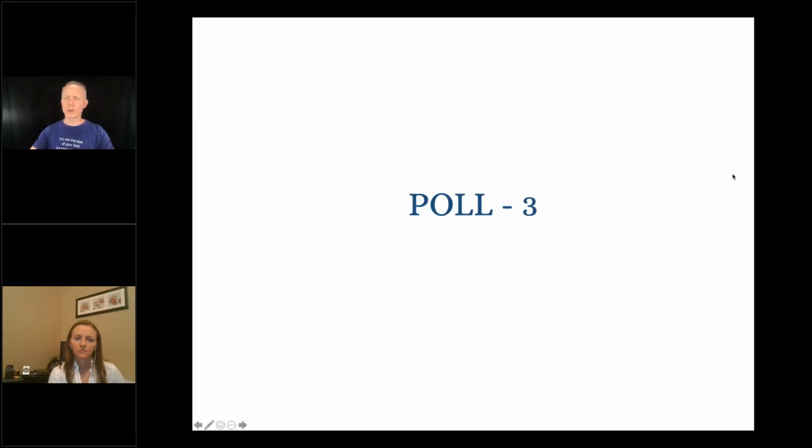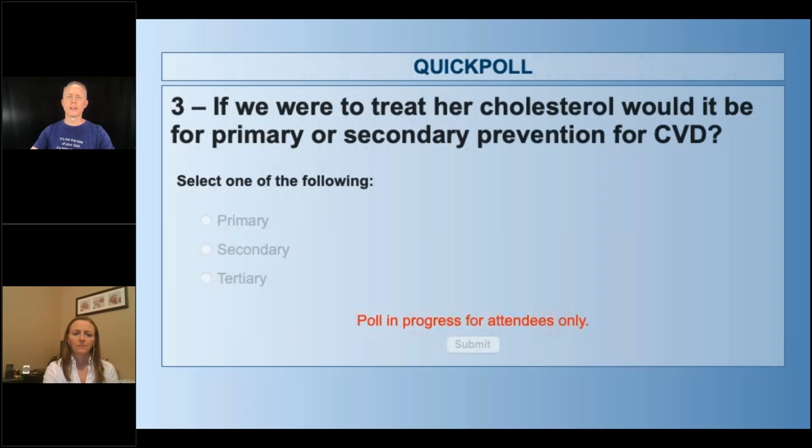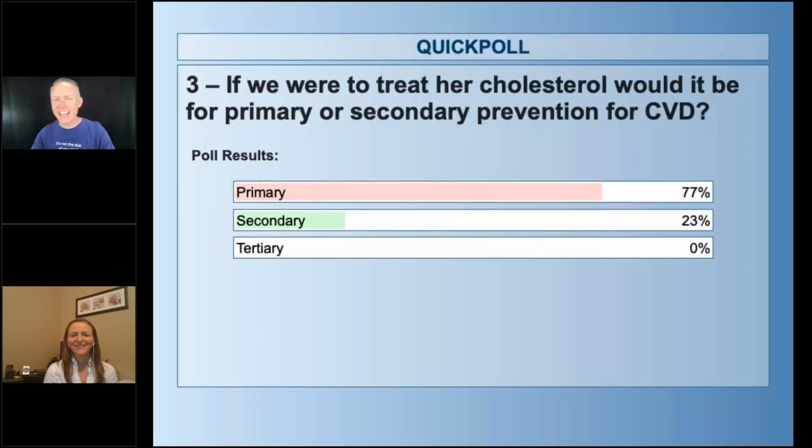All right, so let's do another quick poll here. So for her, if we were to treat her cholesterol, would it be for primary prevention or secondary prevention for cardiovascular disease? I'm only going to give you 20 seconds. Which is now up. That's a slam dunk answer. This is primary prevention. Nothing has happened to this patient.